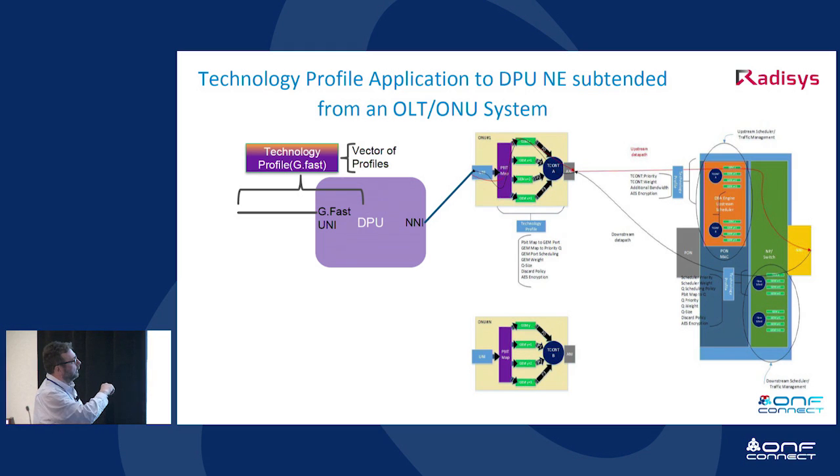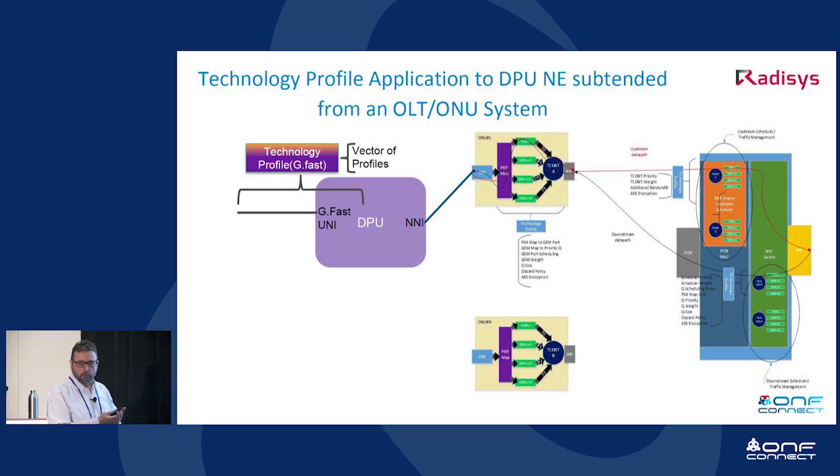Then the aggregate flow from the DPU can be defined as a service from that ONU interface on the PON. That's just a way to connect up two different types of devices that are managed from the perspective of a logical switch abstraction. I add my OpenFlow rules and bandwidth profiles, and I can define a technology profile that addresses the technology specifics of that particular device.